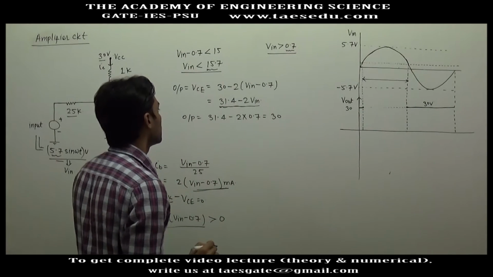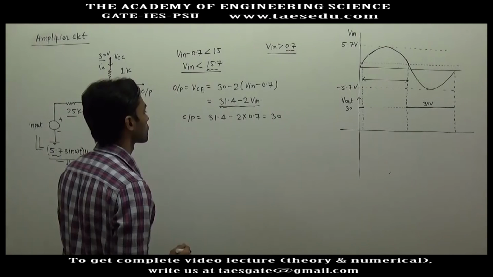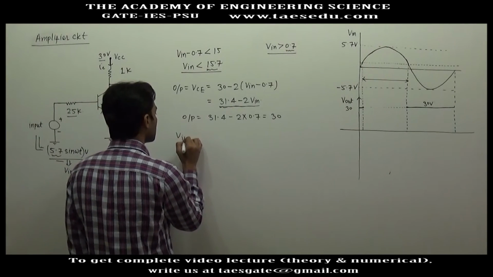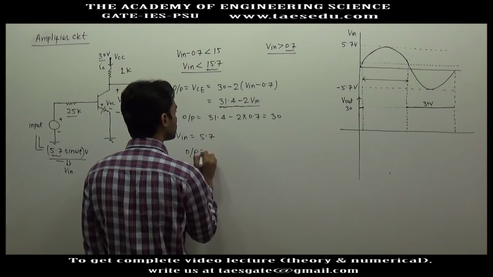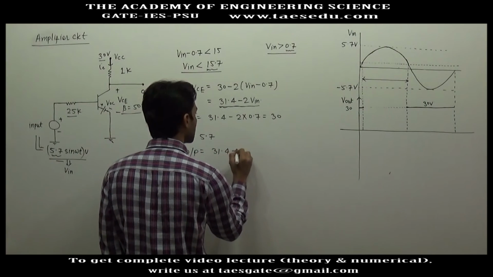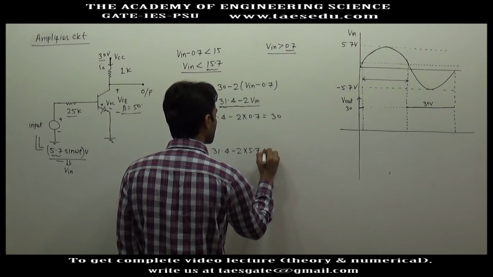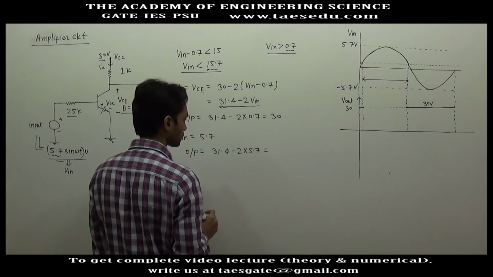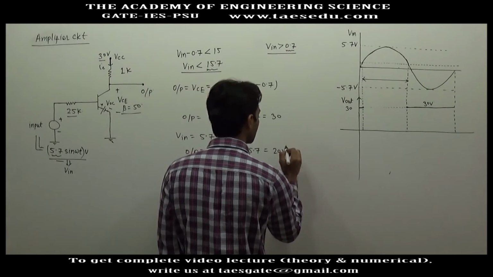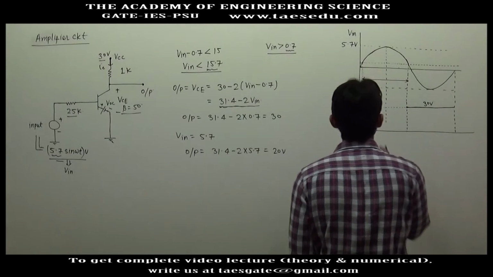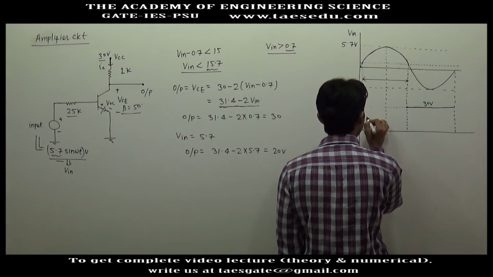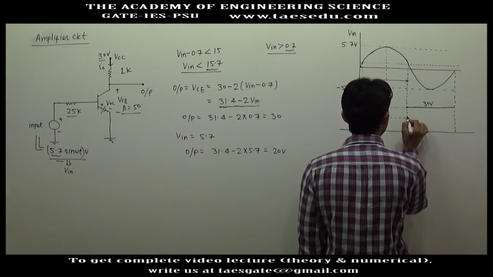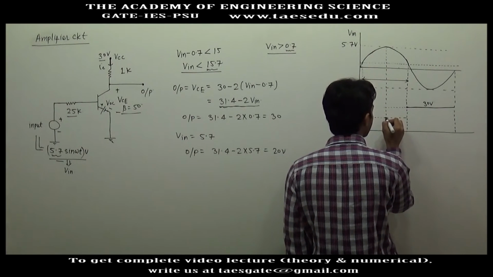Okay, when V input is 5.7 volt, what will be output? 31.4 minus 2 into 5.7. This will give you 20 volt. This is 30 volt. Let's say this is the line for 20 volt, so you will be at this point.